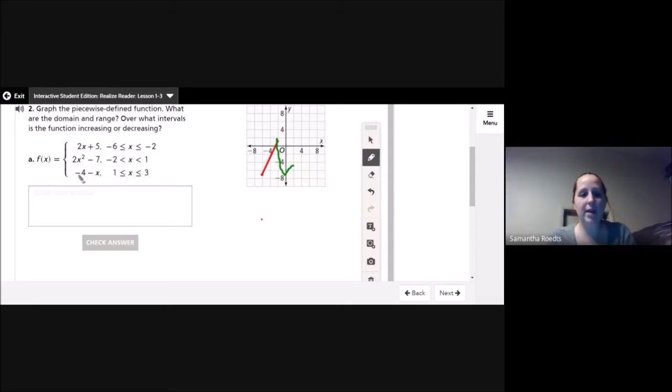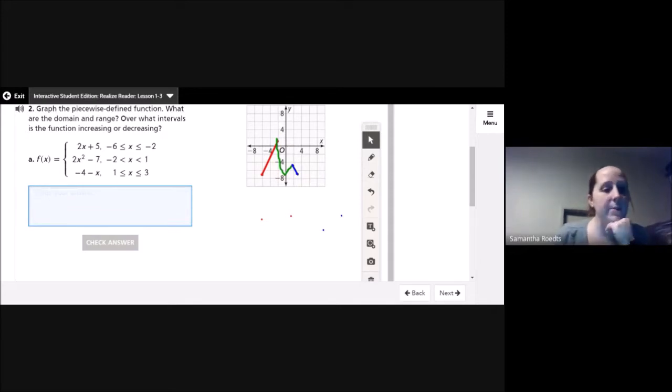So if I substitute 1 in, negative 4 minus 1 is negative 5, which is right here. And then 3, negative 4 minus 3 is negative 7. So for 3, it's negative 7, which is right here. Okay. There. Okay. So here is my graph.